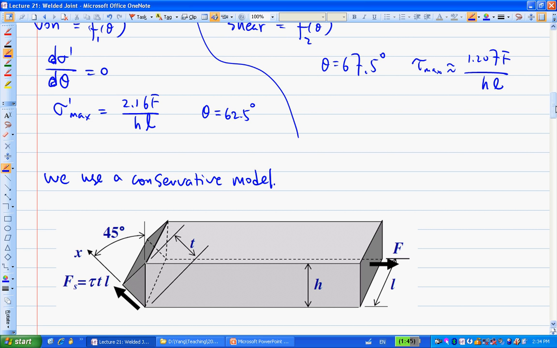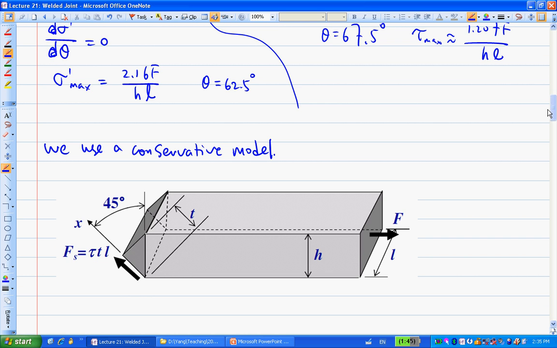And then we get rid of the normal force. So we consider there is no Fn there, there's only one shear force here, and we set that shear force to be the same as this F right here. So this is the conservative model.